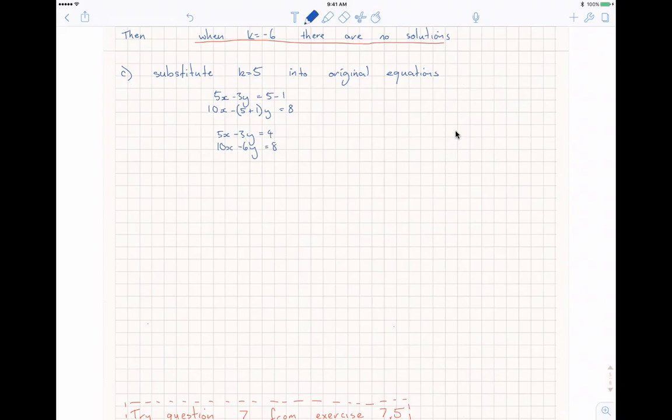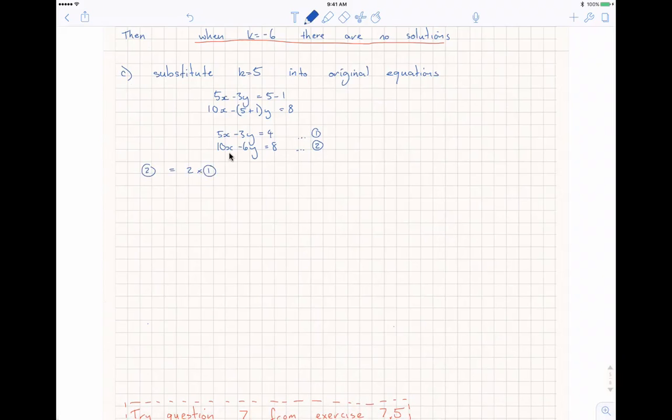Now, if you look closely at those two equations, the second equation, equation 2, is just a multiple of equation 1. So equation 2 equals 2 times equation 1.